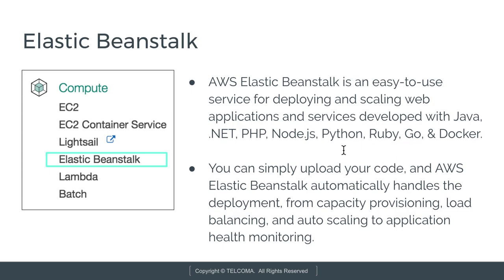We can simply upload our code and AWS Elastic Beanstalk will automatically handle the deployment. From capacity provisioning, load balancing, and scaling, as well as health monitoring, Elastic Beanstalk will help.